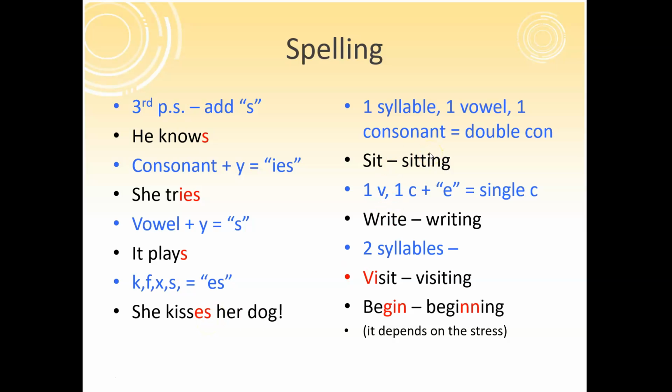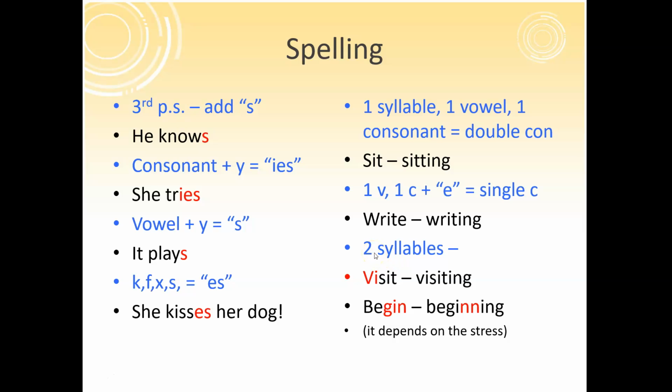For the present progressive or any progressive, most of the time you just add ing, but there are some other rules. For example, if your verb is one syllable and it ends in vowel consonant, you double the consonant. Although there are some exceptions. For example, if it ends in w, you don't double it, or x, you don't double it, etc. If your verb is one syllable, it ends in vowel, consonant plus the letter e, you don't double anything.